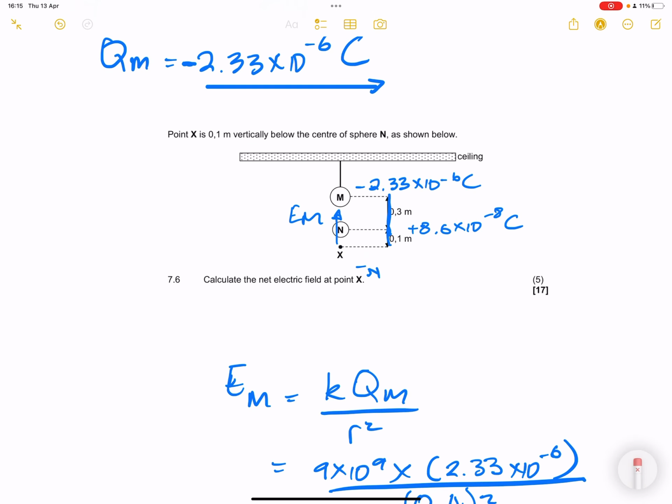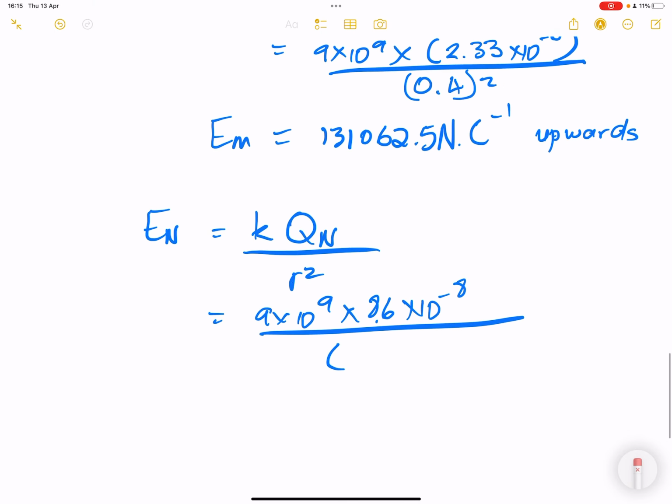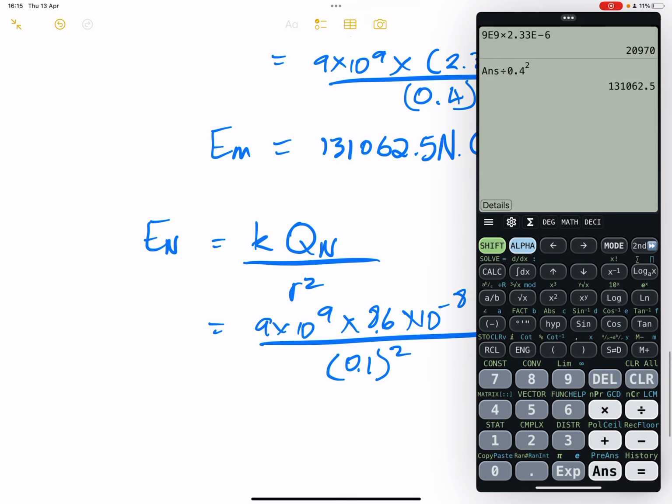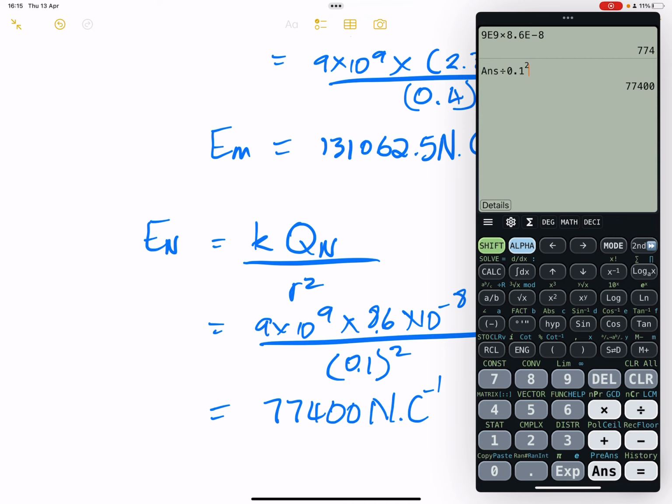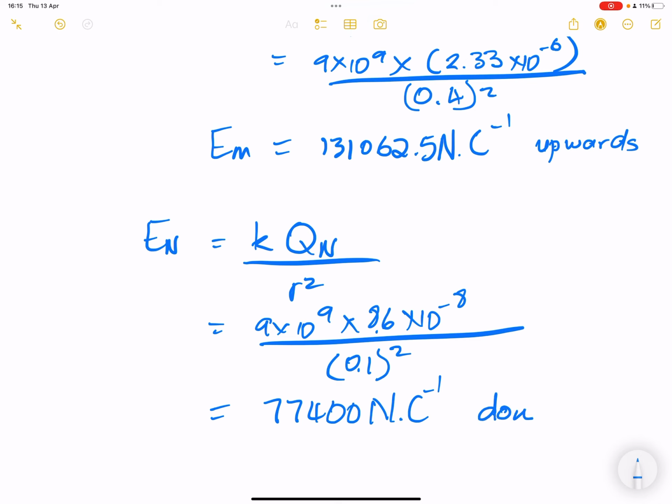So the distance between those two would be 0.1. Can you see that? So we will write 0.1 squared there. Again, our calculation multiplied by 8.6 exponent negative 8, and we divide by 0.1 squared. Okay, so we get a value of 7,400 newtons per coulomb. And in this case, it's going downwards.